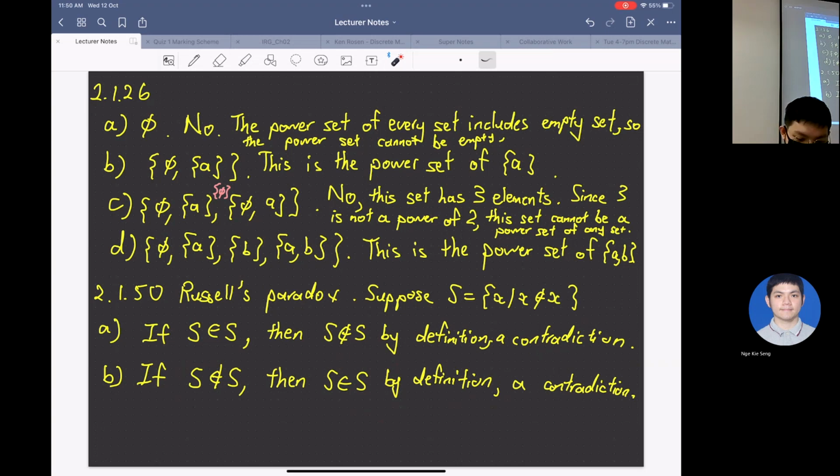So what is the moral of this paradox? The moral of the story is you need to specify the domain here. You cannot just simply put some X in.